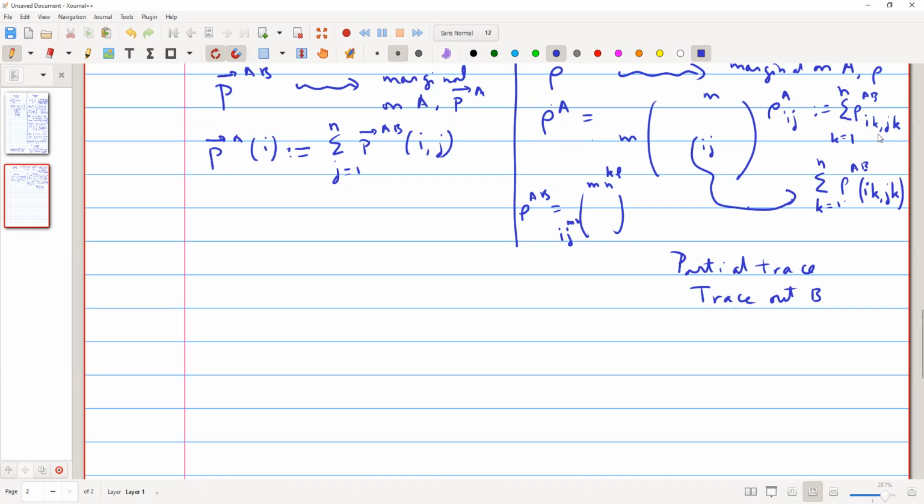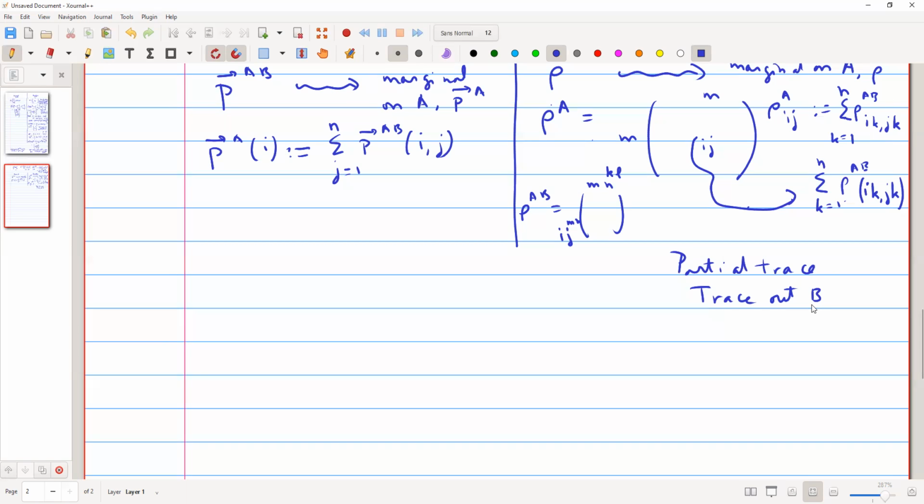So the trace means that I put the same index for the row and the same index for the column. In the full trace, I put the same index to the left of the comma and to the right of the comma, and what I get is a number. In the partial trace, the same index does not occupy all the space. The same index is k, but then there is some remaining part, which is i and j.